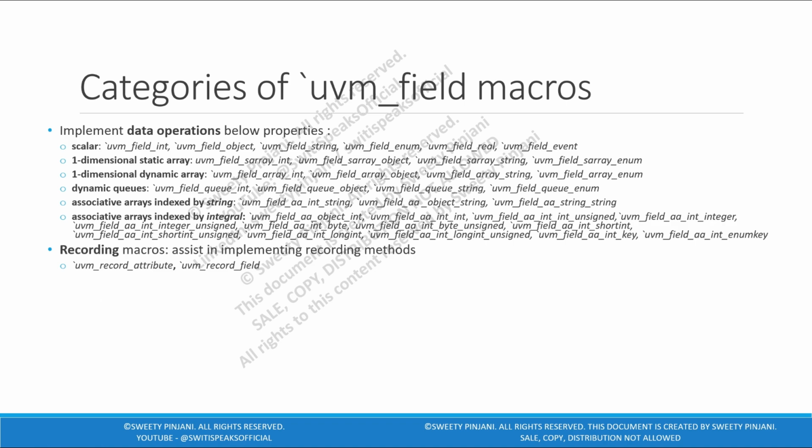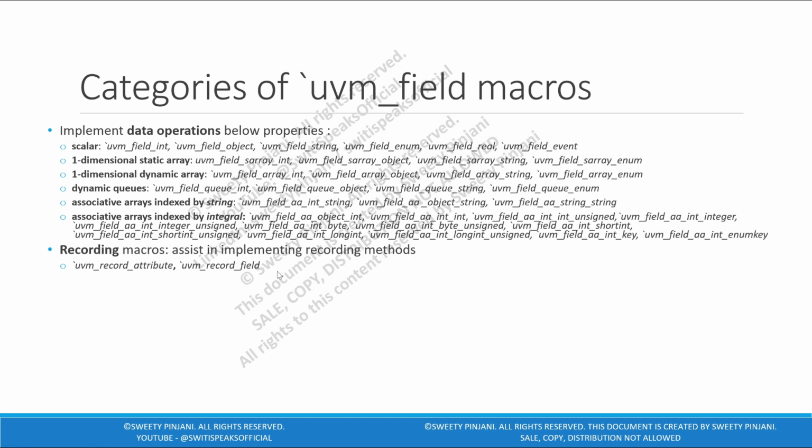It can work for any vendor, but there are certain fields which are specific to vendor. So if you want to specify certain recording attributes for a certain vendor specific transaction database, you can specify that using UVM record attribute.